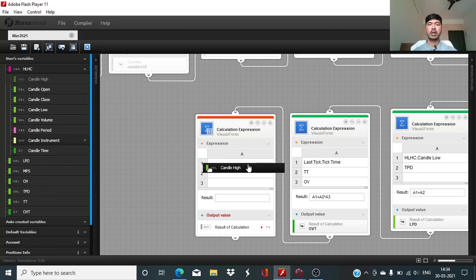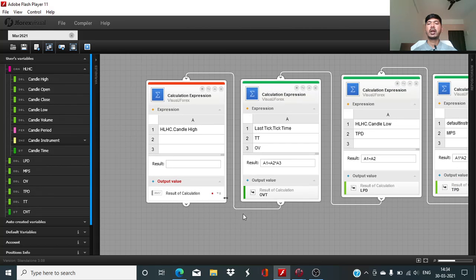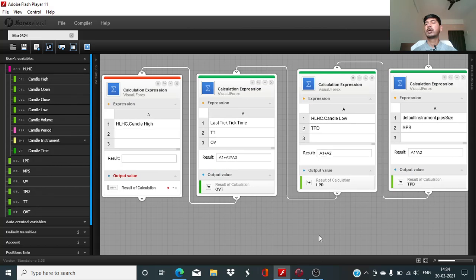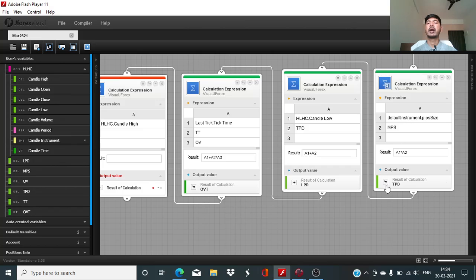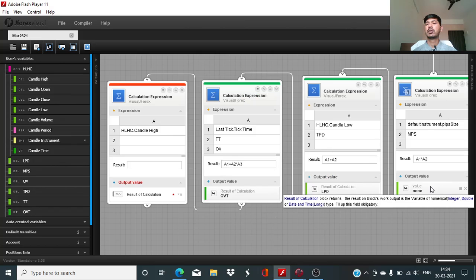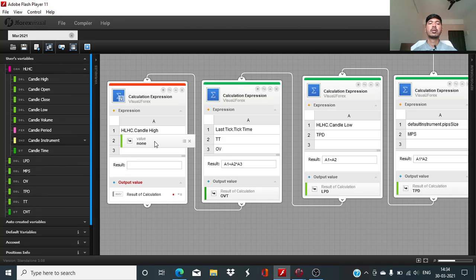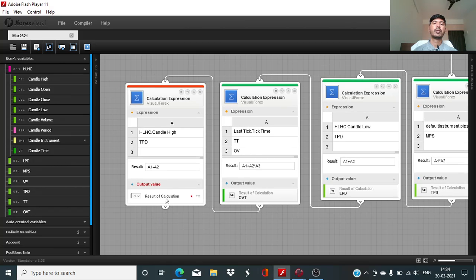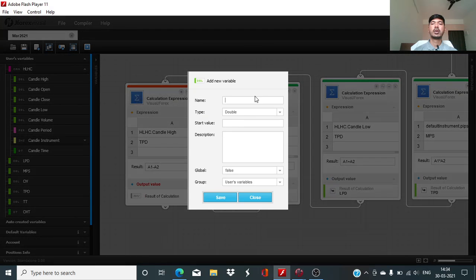Okay, so here it is, and we will deduct the 10 pips we had defined in the prior session. It's fairly simple, A1 minus A2, and we will name it as difference.